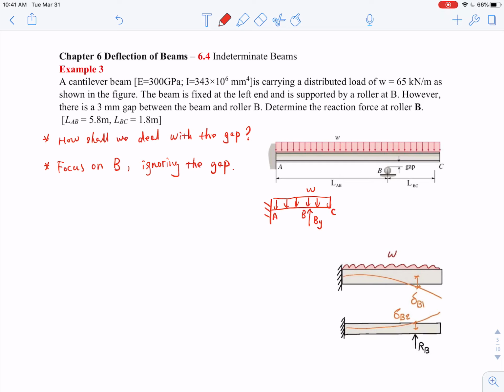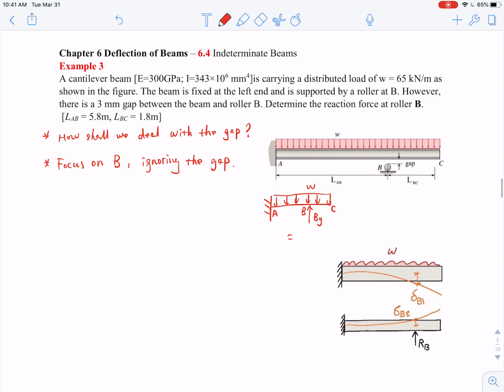Okay, step number two is to split it into simpler parts. Okay, this one equals the first case, which will be just distributed load. Right, the cantilever beam subjected to W, and so we're calculating the deflection at point B, delta B1.